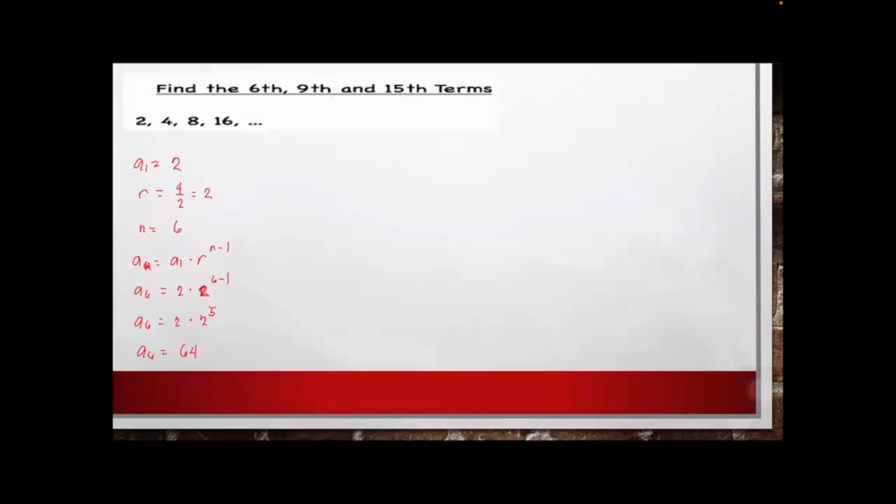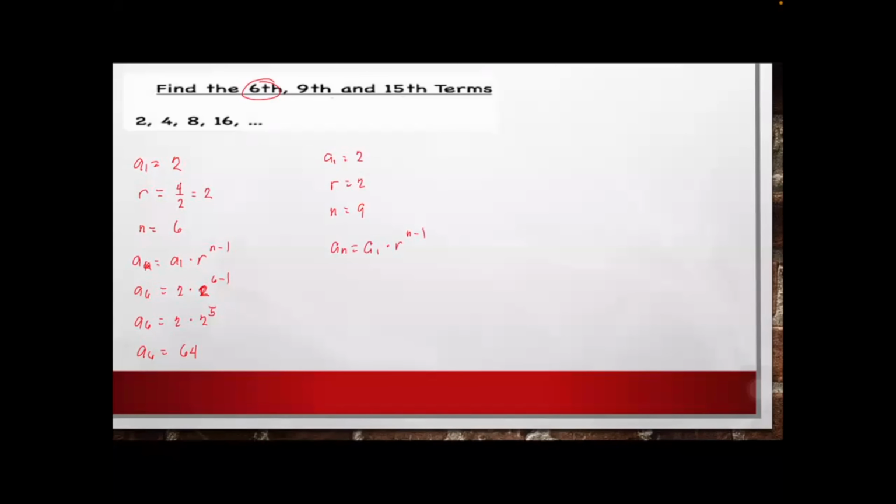Okay, next, we are done with the a sub 6. So, let's go now with the a sub 9 term. In this case, they are the same. Your a sub 1 is 2, your r is also 2, and your n is equal to 9. So, a sub n is equal to a sub 1 times r raised to n minus 1. Substitute.